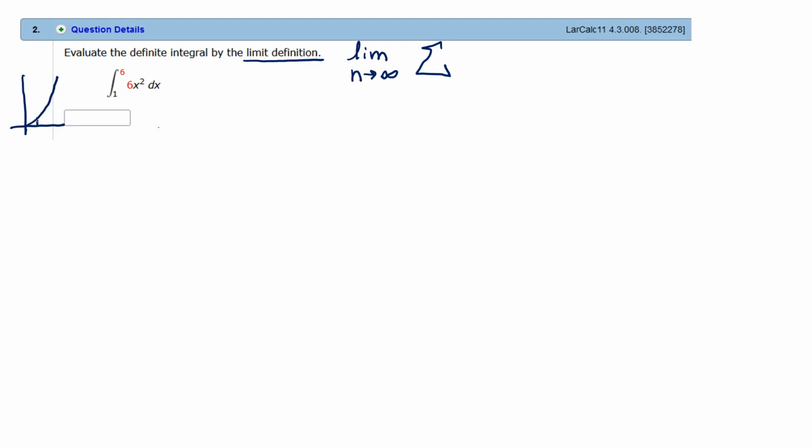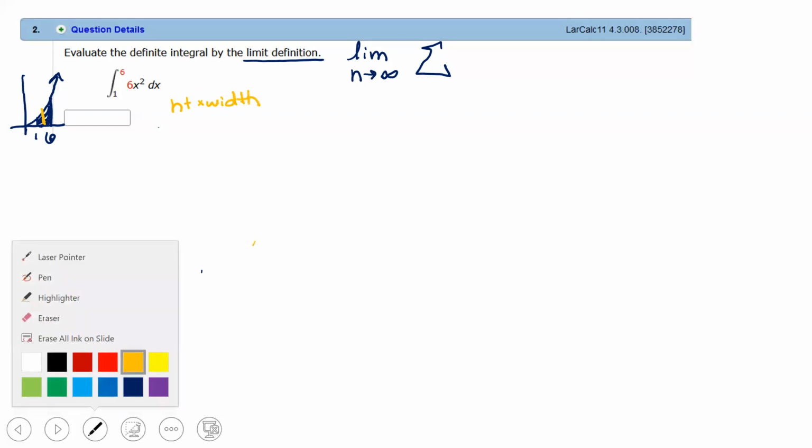Now we have 1 to 6. Each of those rectangles has a height times a width, and we'll talk about how to find each of those heights and widths. Then we add up the sum of all of those rectangles.